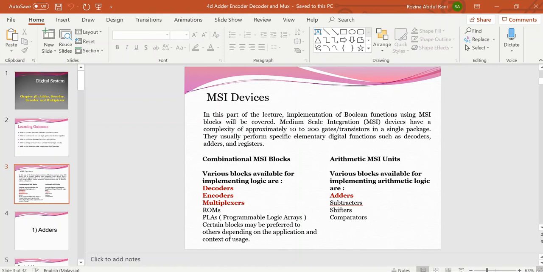The development of LSI was driven by economic factors, and each chip comprised tens of thousands of transistors. So it depends on the number of transistors. Usually MSI devices perform specific elementary digital functions for logic and arithmetic logic circuits, which are listed here.